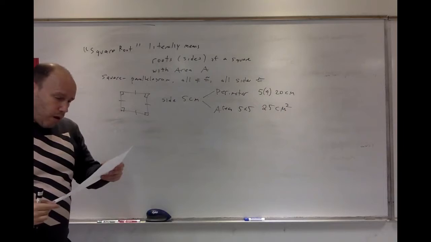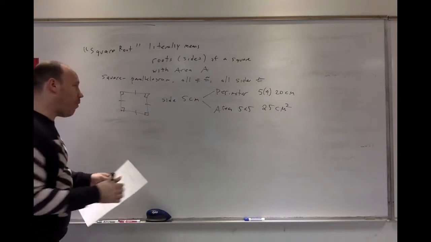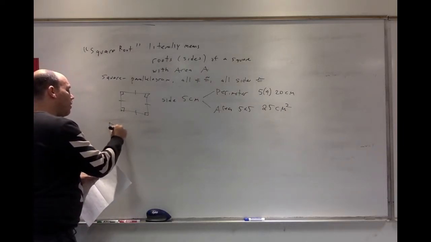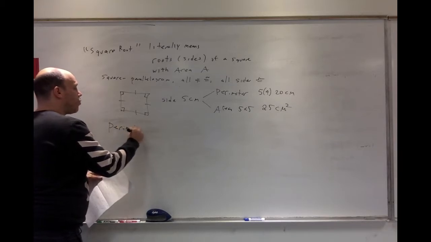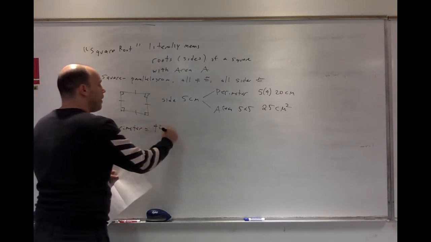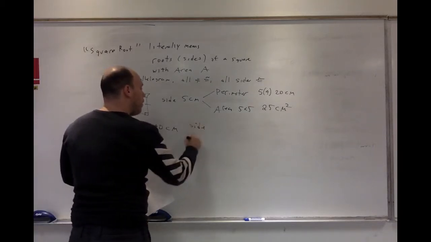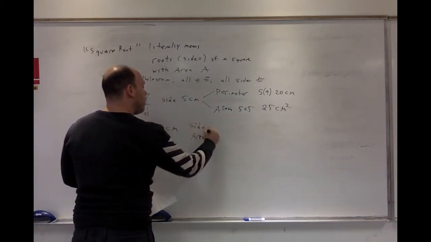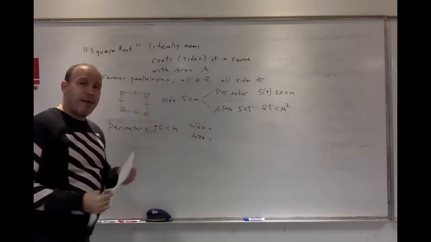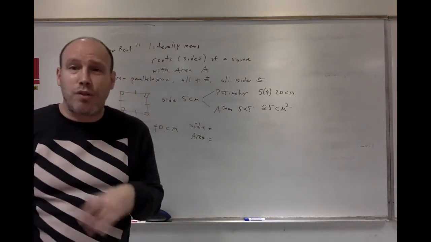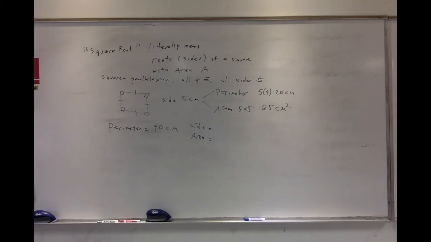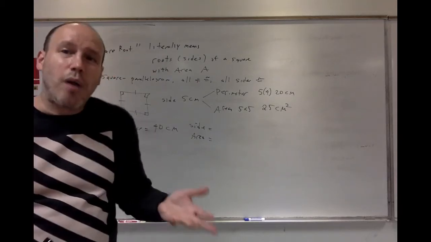How about if I tell you in the next example that the perimeter of the square is 40 centimeters? What's the length of the side, and what's the area? You say, that's no big deal, Mr. Adler.